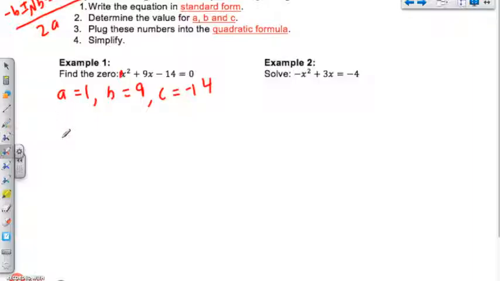A negative b is going to give us negative 9 plus or minus the square root of b squared, which would be 9 squared, minus 4 times a times c, and c was negative 14. So let me go ahead and plug that in.